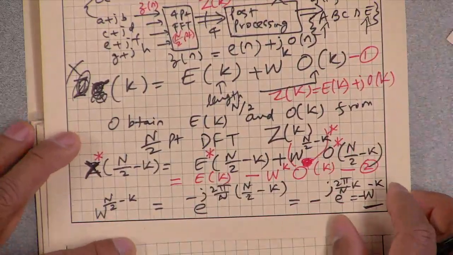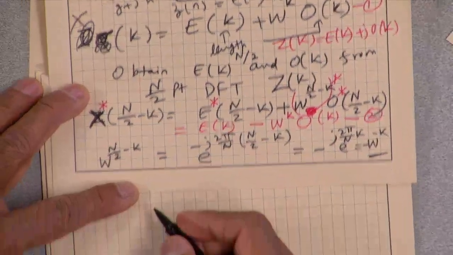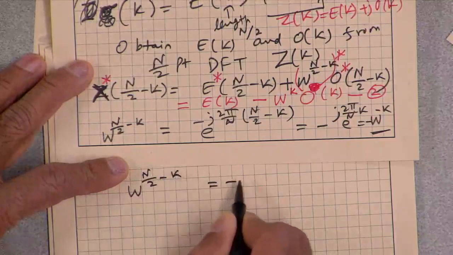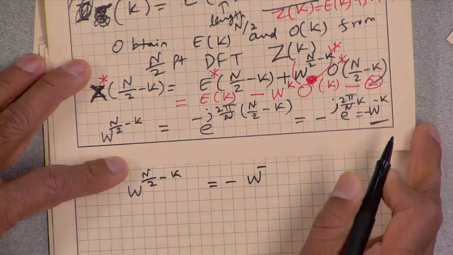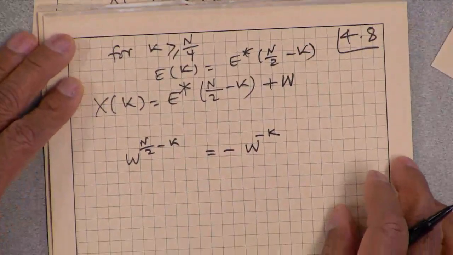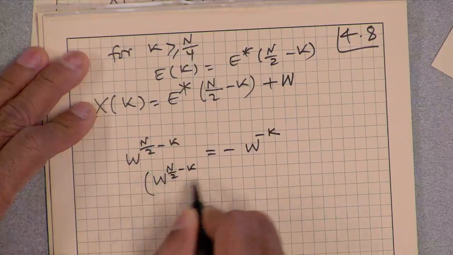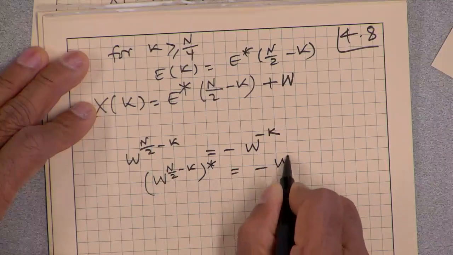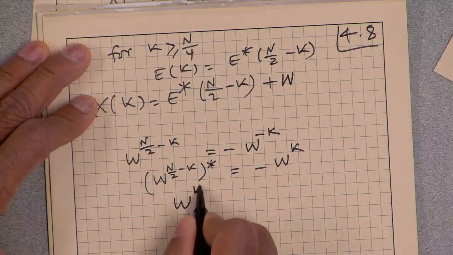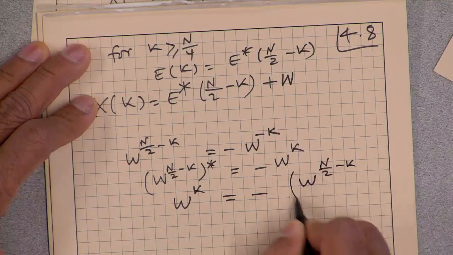What we showed here, W to power n by 2 minus k is minus W to power minus k. W to the power n by 2 minus k conjugate is equal to minus W to power k. So W to power k is equal to minus W to the power n by 2 minus k conjugate.